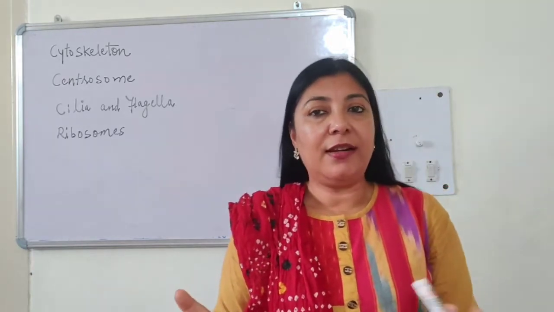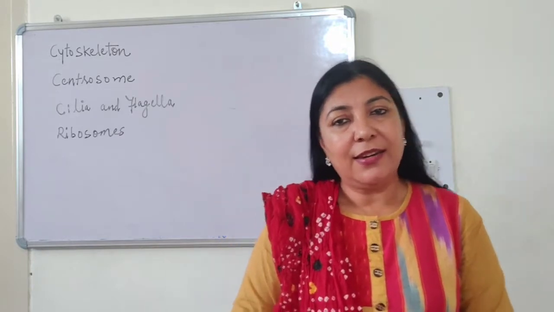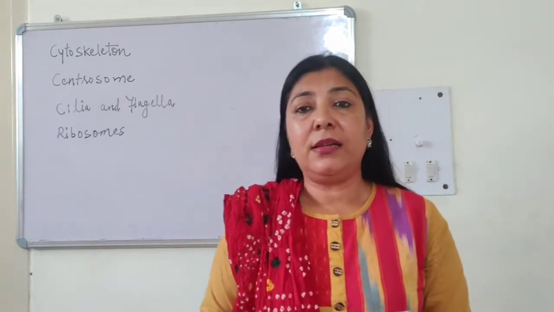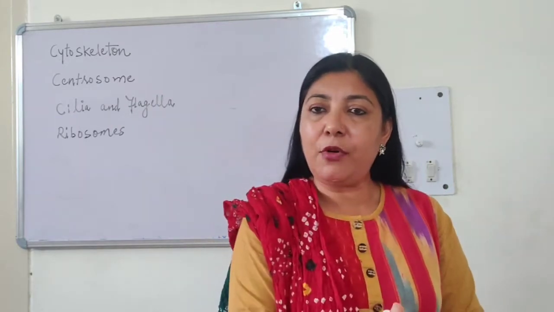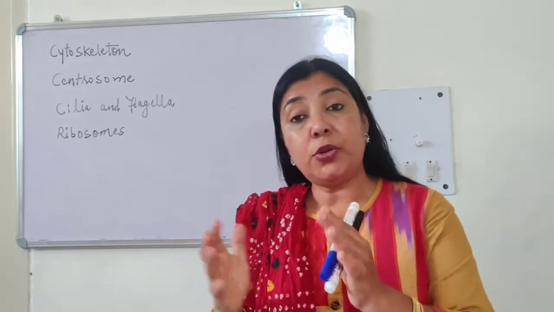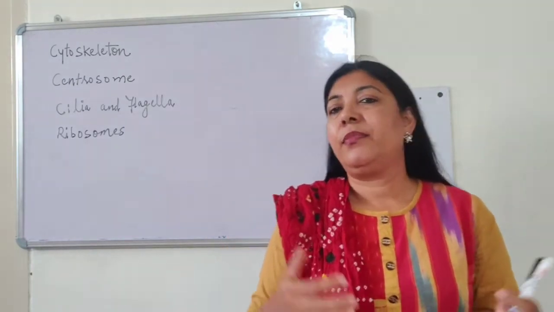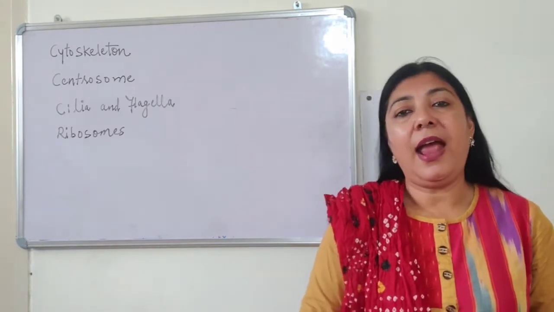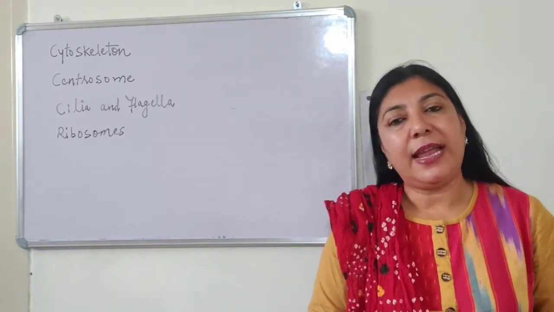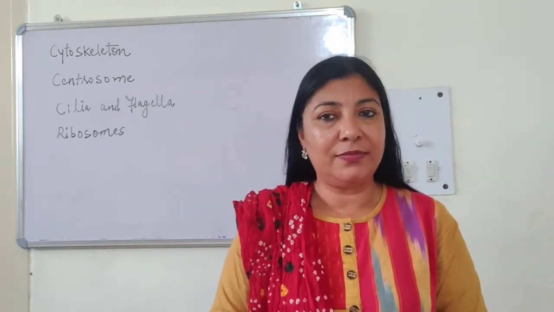We differentiated plant cell from animal cell. Then we studied about various parts of the cell, starting with cell wall, followed by cell membrane. Then we switched over to endomembrane system, followed by the mitochondria and the plastids. And in the last lecture, we studied about the nucleus.